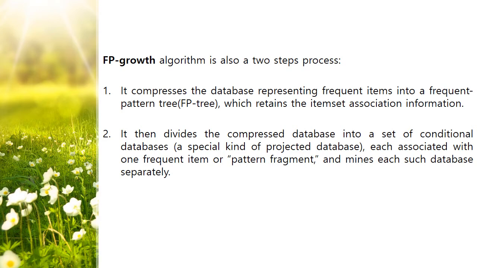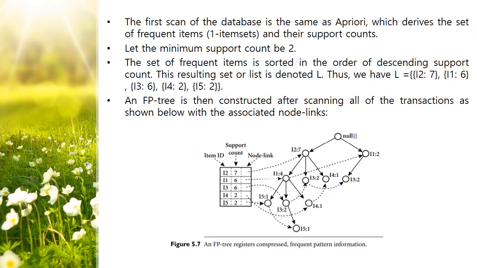Each is associated with one frequent item or pattern fragment, and each such database is mined separately. So these are the two steps: first it compresses the database to form an FP tree, then it divides the compressed database into a set of conditional databases.